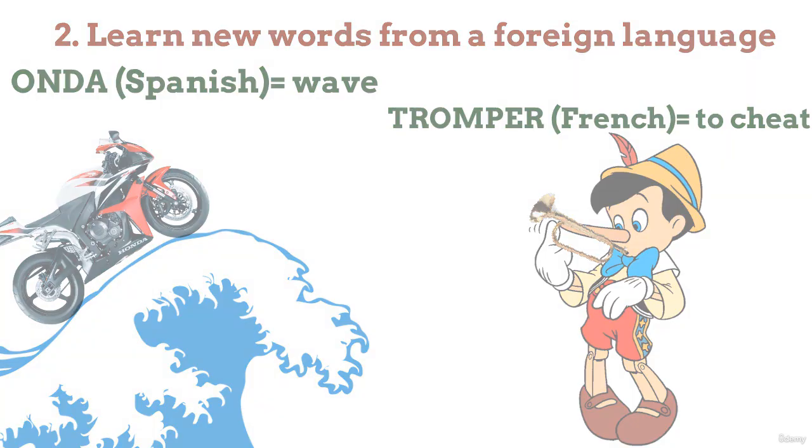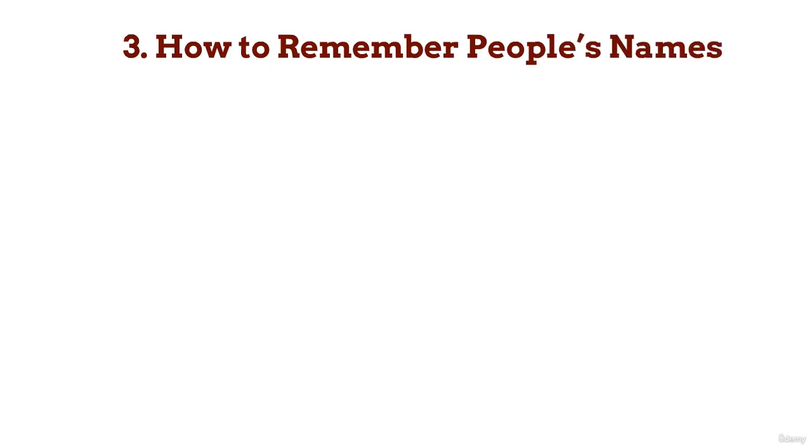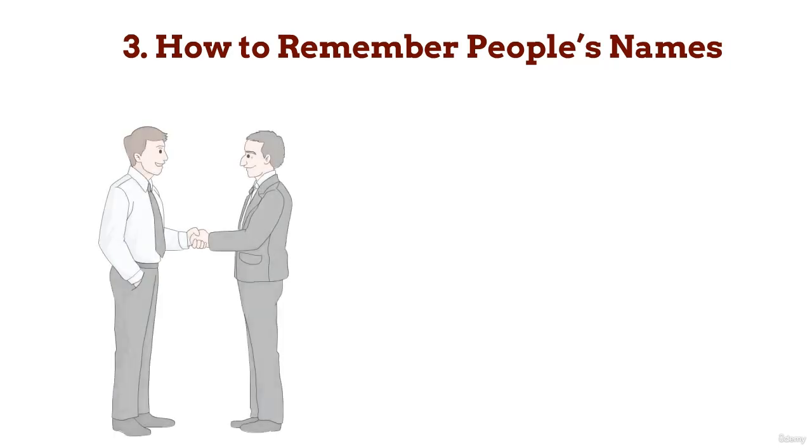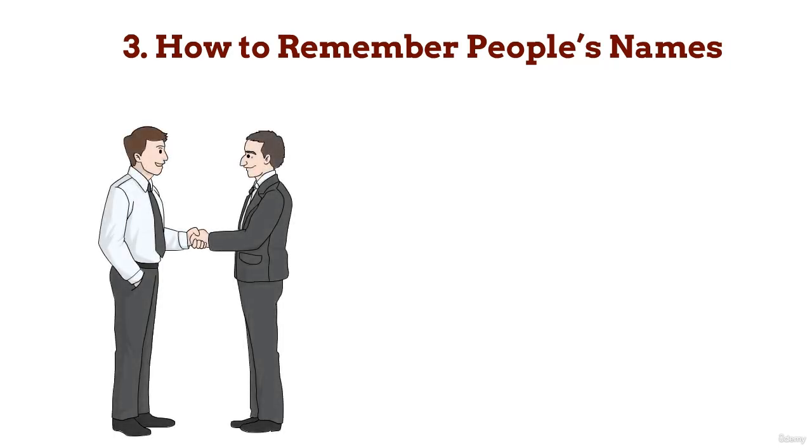How to remember people's names using the sound-alike method. Memorizing names is a general problem of our memory because names are abstract concepts and difficult to visualize for our brains. The solution is to transform the name, ever since you first heard it, into a concrete and memorable image.